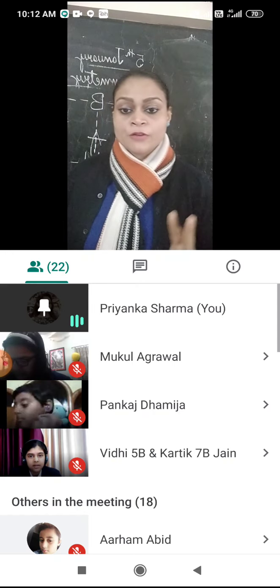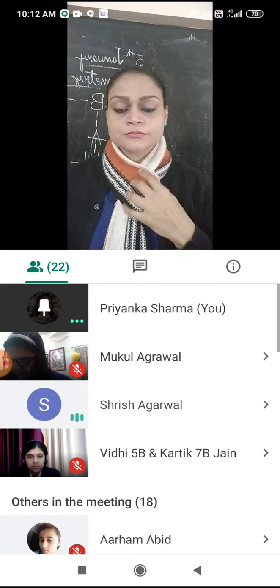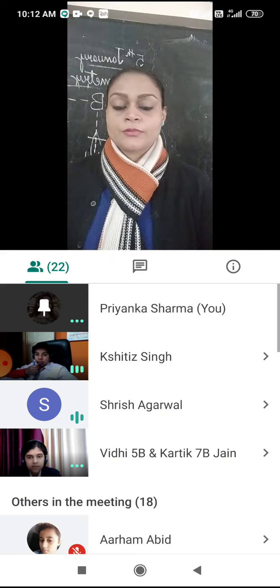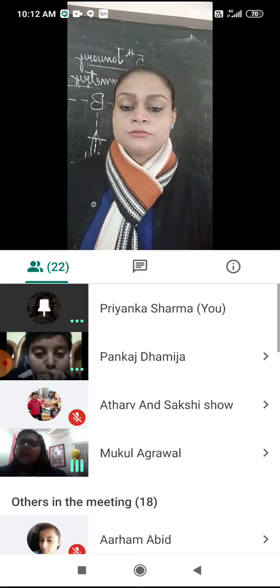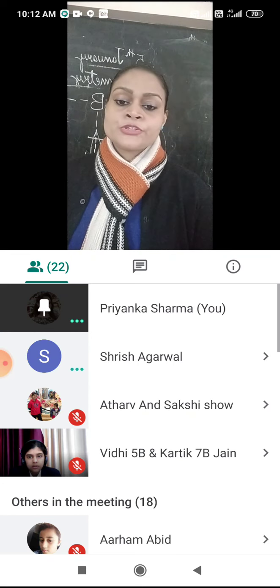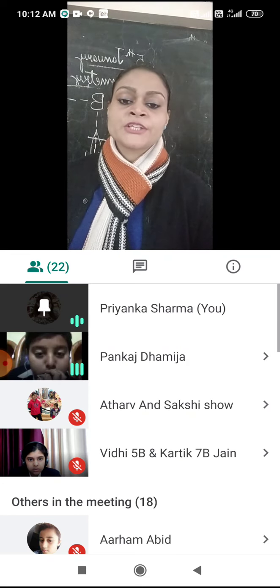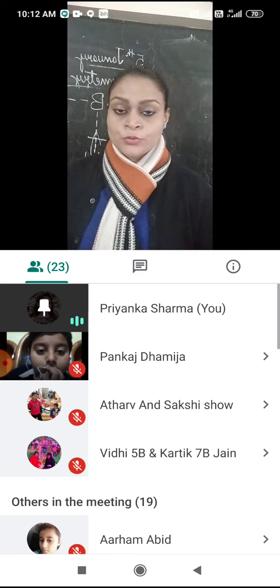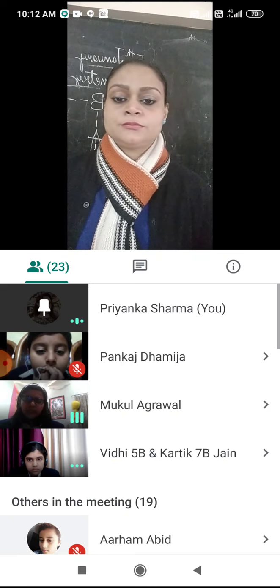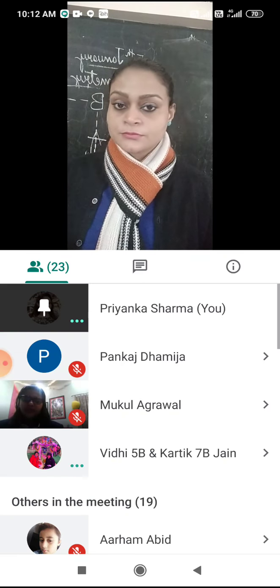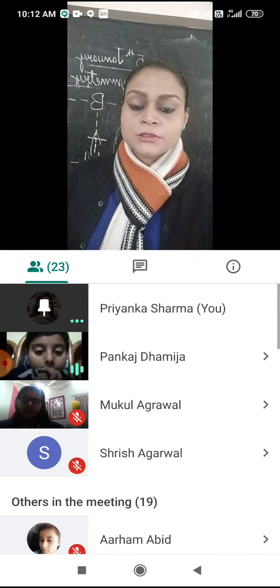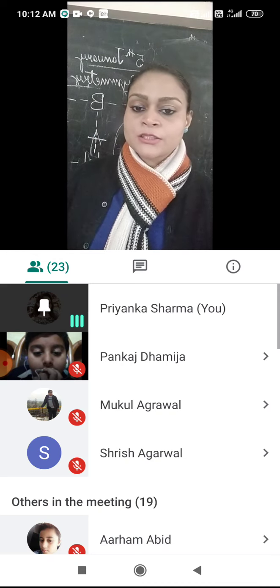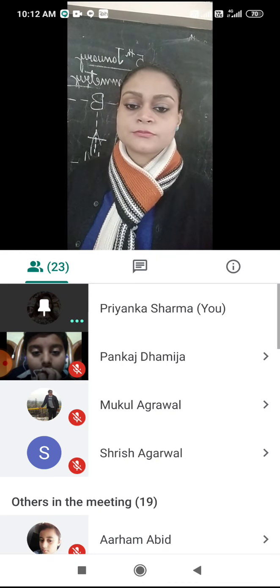2 examples of a cuboid. Kshitij, you tell. 2 examples of a cuboid.